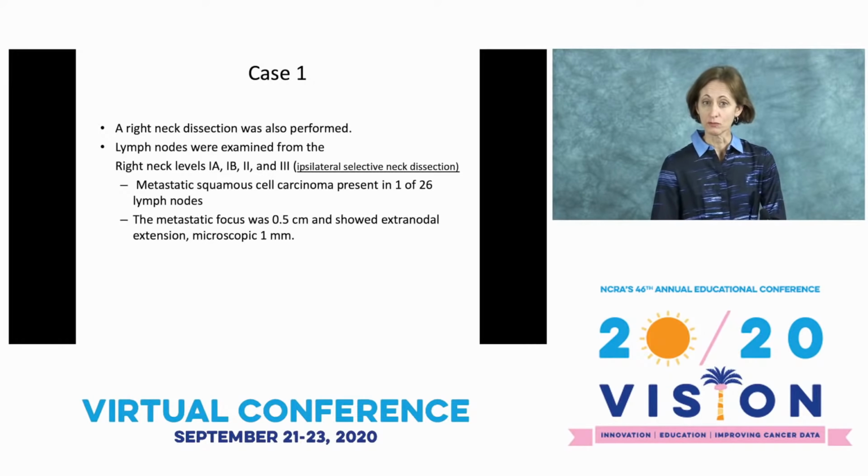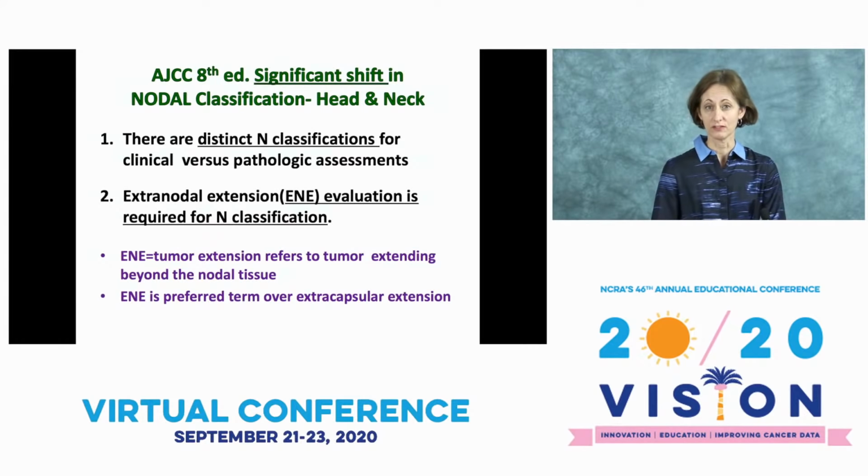Now, the focus of tumor was small, only 5 millimeters, but it did show extranodal extension. This was viewed as what they consider microscopic, 1 millimeter. And so we can see that even though it was a small tumor in the lymph nodes, this will impact the patient's overall prognosis.